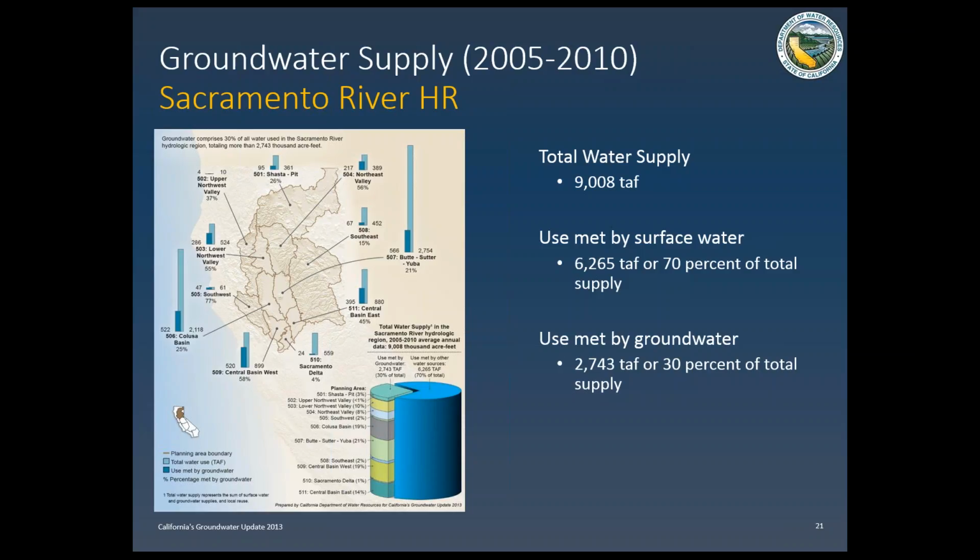The most reliant is the Lake County area, which is the southwest planning area, where 77% of all the water they use is supplied by groundwater. And the least reliance is the Sacramento Delta area, where only about 4% of the groundwater is being used.